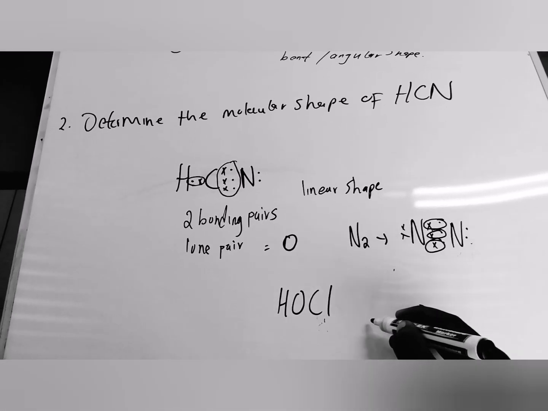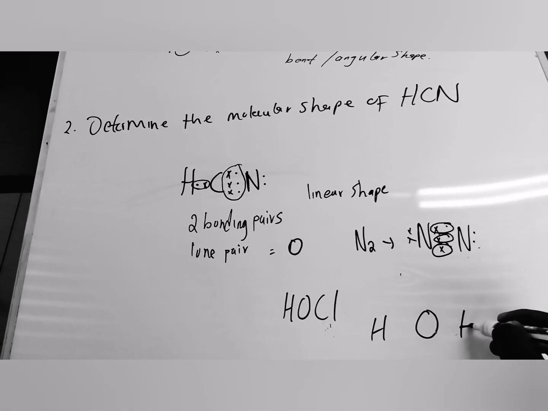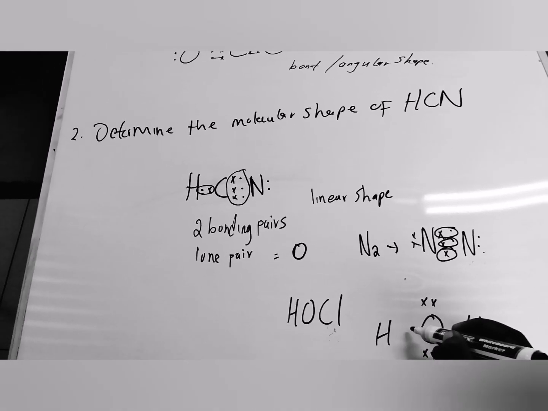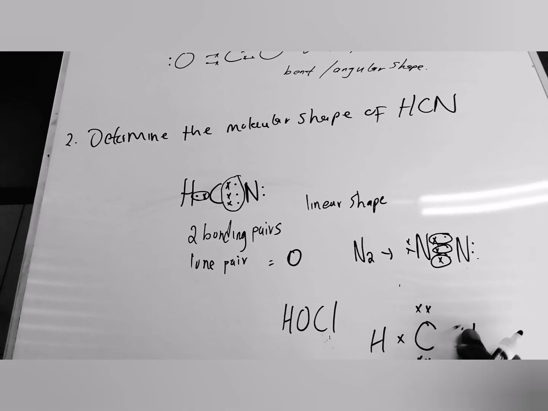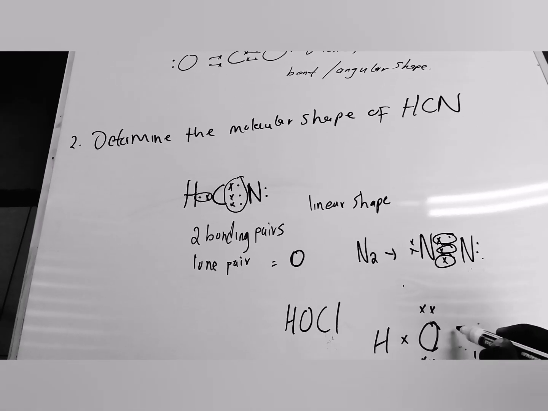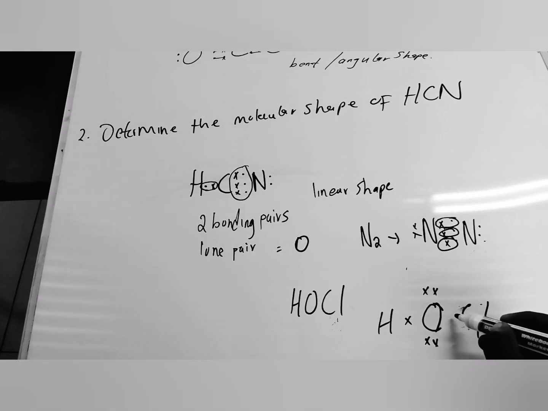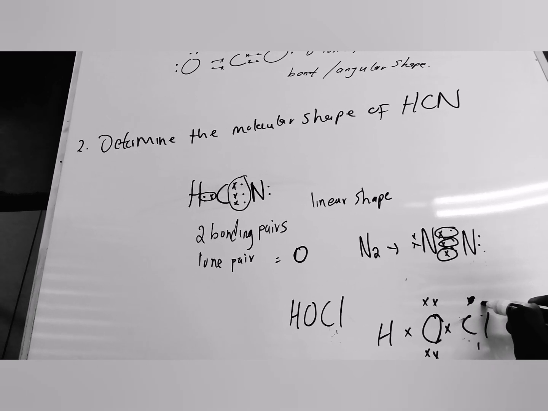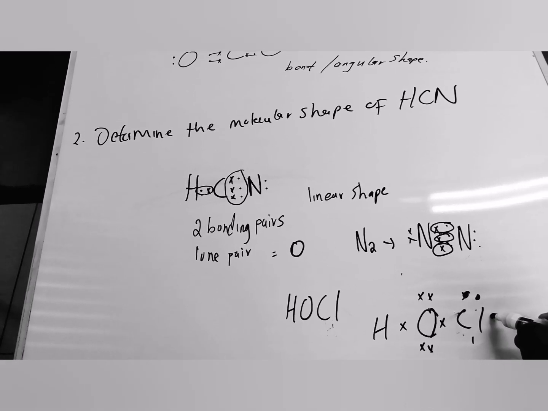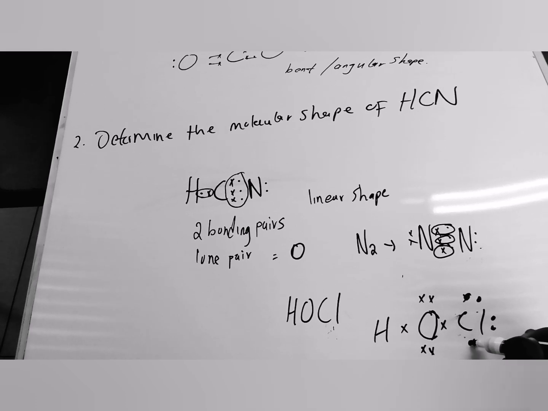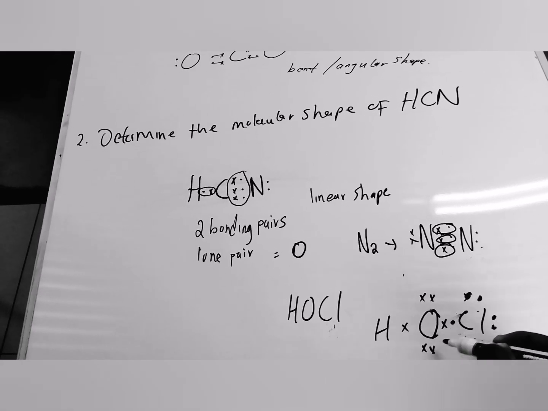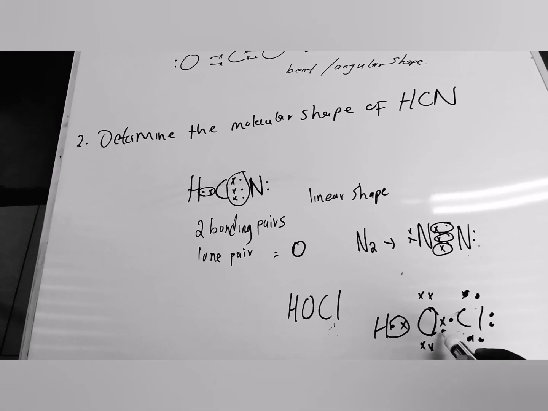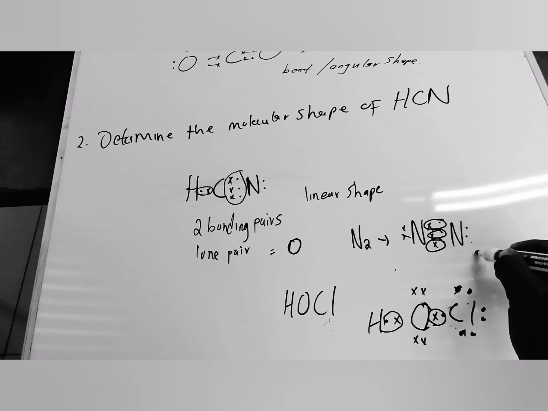All right, HOCl. They say determine the molecular shape of HOCl. Sorry, okay, here we have not H, it is O and Cl, chlorine. Then we have 6 valence electrons for oxygen. Then here we have 7 valence electrons. The valence electrons are electrons in the outermost energy level, or the group number. Since it is written 17 on the periodic table, you take it as 7. Now these are bonding pairs.